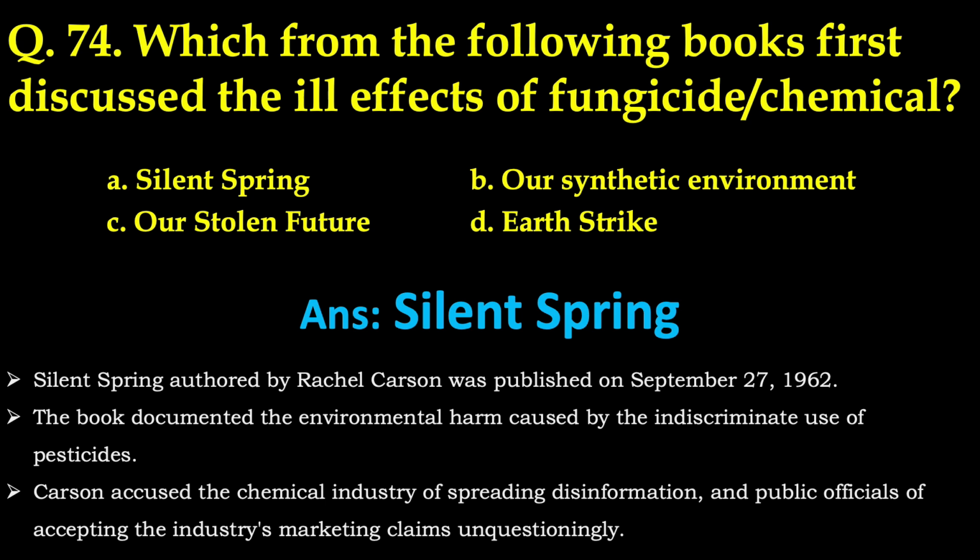The correct answer is Silent Spring, which is authored by Rachel Carson and published on September 27 of 1962. This book documented the environmental harm caused by the indiscriminate use of pesticide. Carson accused the chemical industry of spreading disinformation and the public officials of accepting the industry's marketing claims unquestioningly.